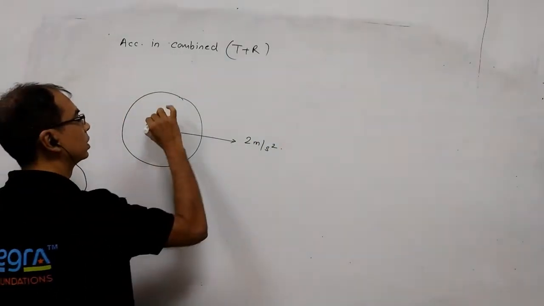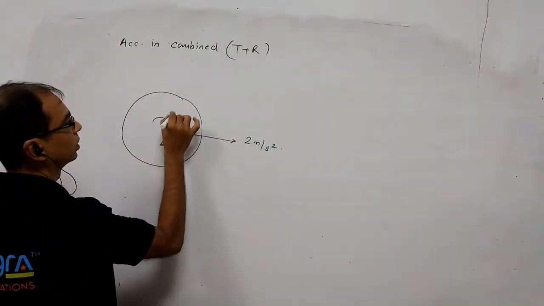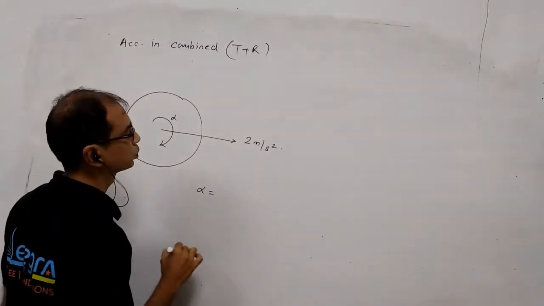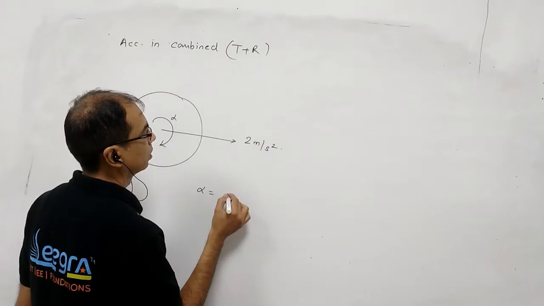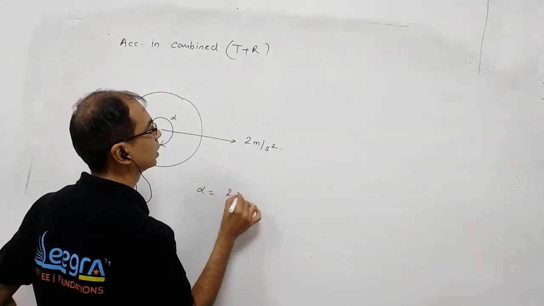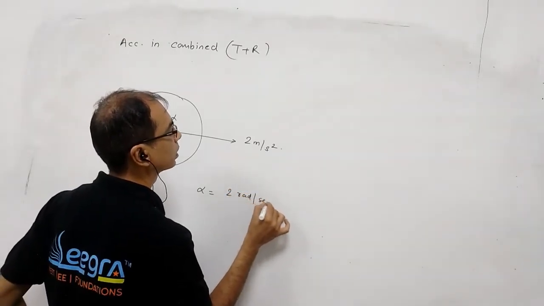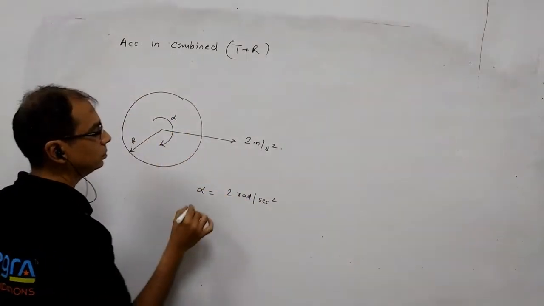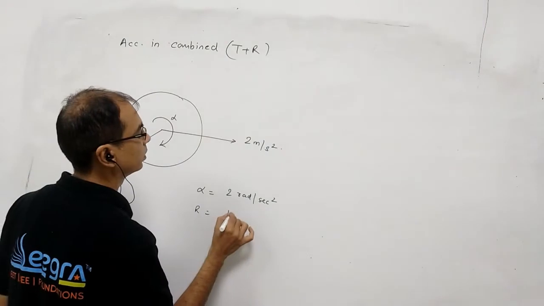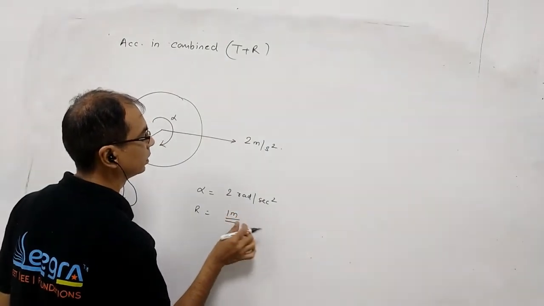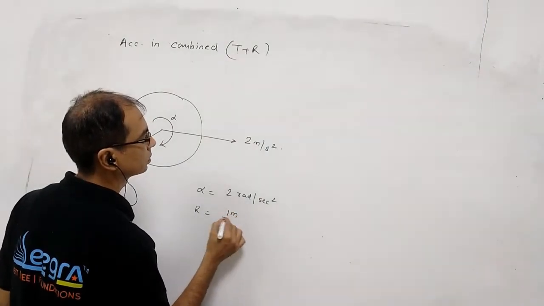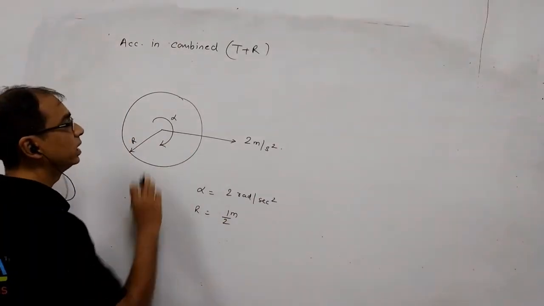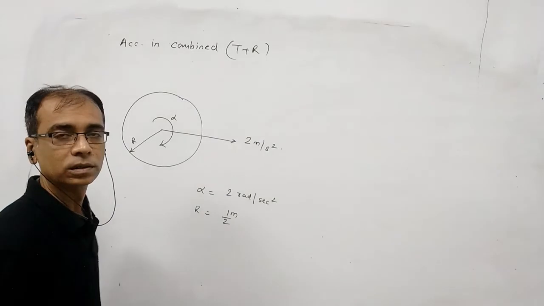Let's say alpha is also 2 radian per second square. Radius is half a meter, we take. And at any instant, now instant we have to take.